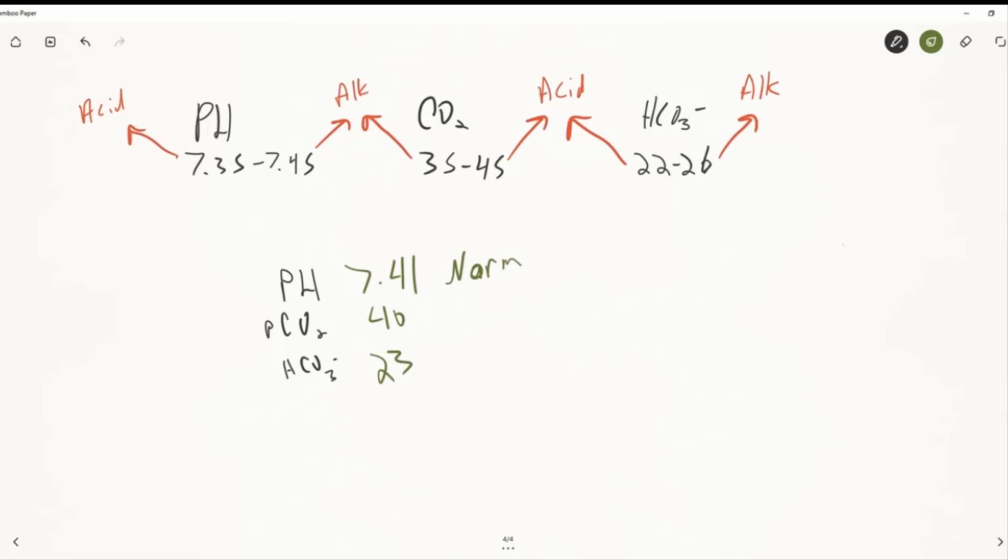And PCO2 40, perfectly right in the middle. And bicarb 23, also right in the middle. That's great. What does this person have? Well, I always say this person has health. This is exactly what we want to see. The numbers are all normal, so we can stop there with that guy.